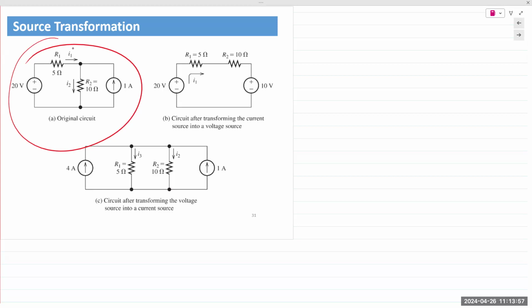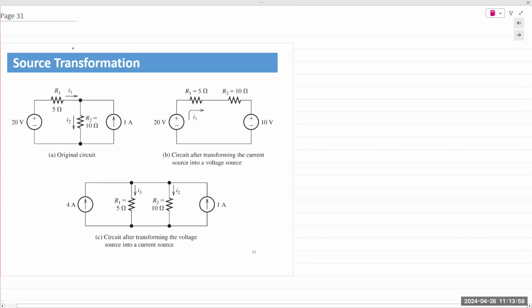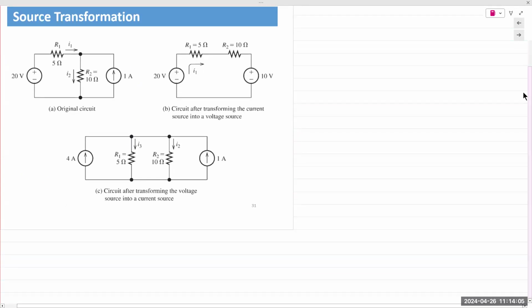If you were to solve this circuit, meaning trying to determine the voltages or currents, we would have to apply either superposition or node voltage analysis or mesh current analysis, right? Multiple sources. So we will see how we can solve this using source transformation. The current source and the voltage source are connected at this junction right there.